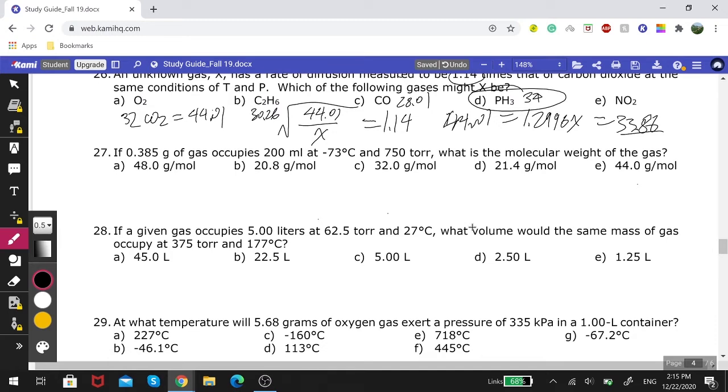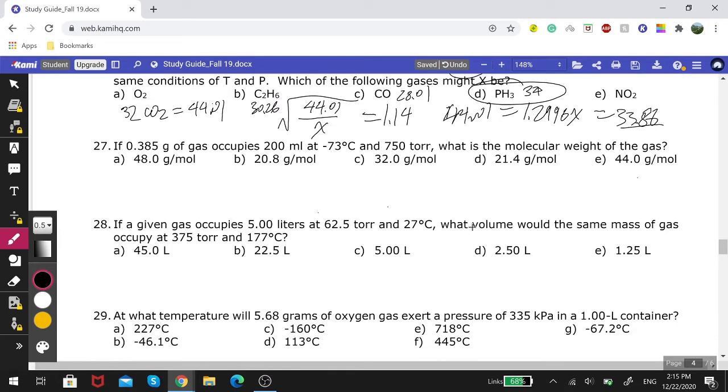27, that is the same kind of problem. Oh wait, no, this was PV equals nRT, sorry. Let's convert 750 torr into mmHg first, which is still 750 mmHg.